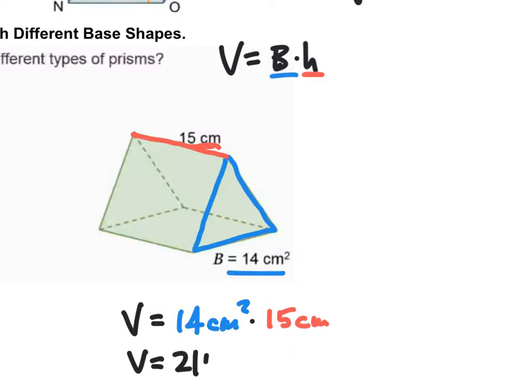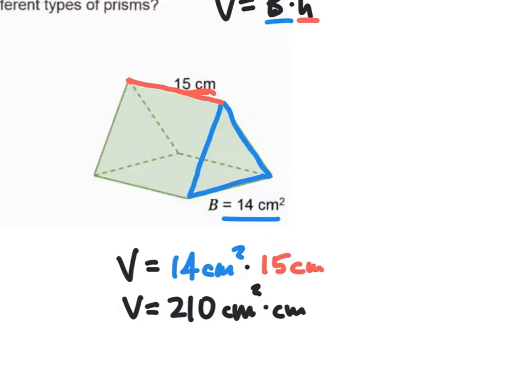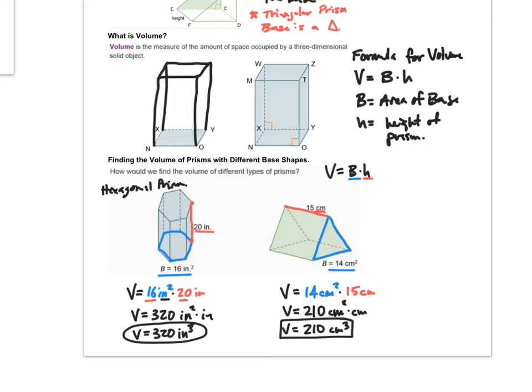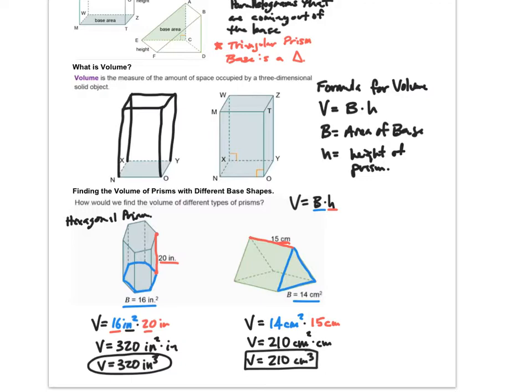Then I've got centimeters squared times centimeters, which gives us centimeters cubed. So I have 210 centimeters cubed, and that's our measurement for that volume. Not too bad if you are given those measurements, but guys, a lot of it is your ability to identify what the base is and what the height is, and go from there.